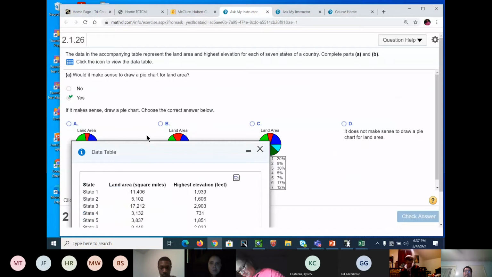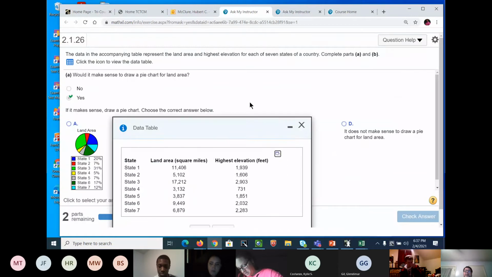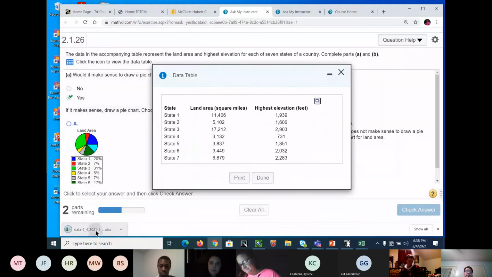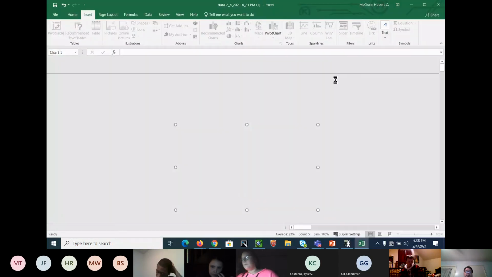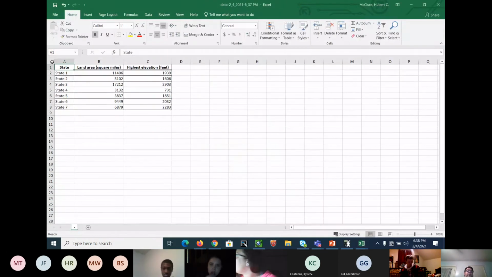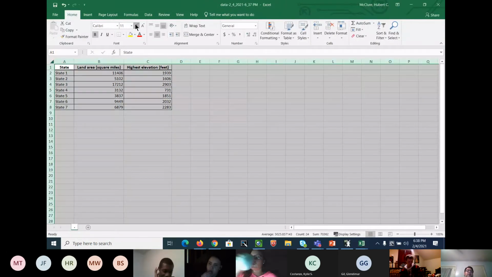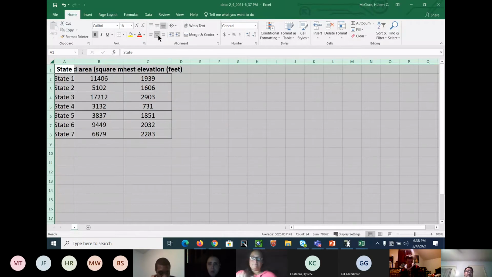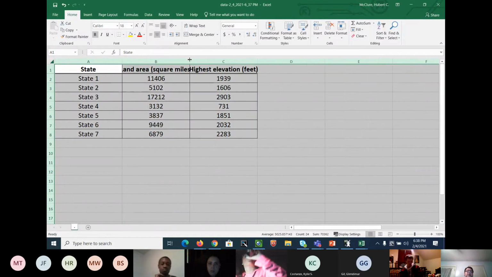Okay, so let's do the land area. I'm going to put it in an Excel spreadsheet, and you can do it in your notebook because we're going to do the same thing that we did before. I'm going to make it bigger for you. There you go. I'm going to center it, and I'm going to expand. Is that good for everybody?